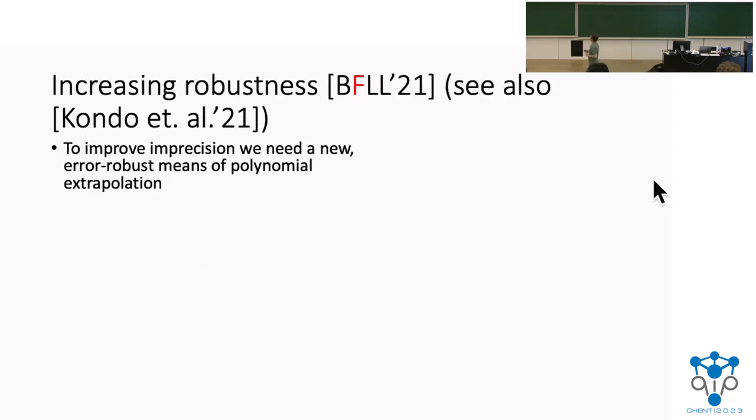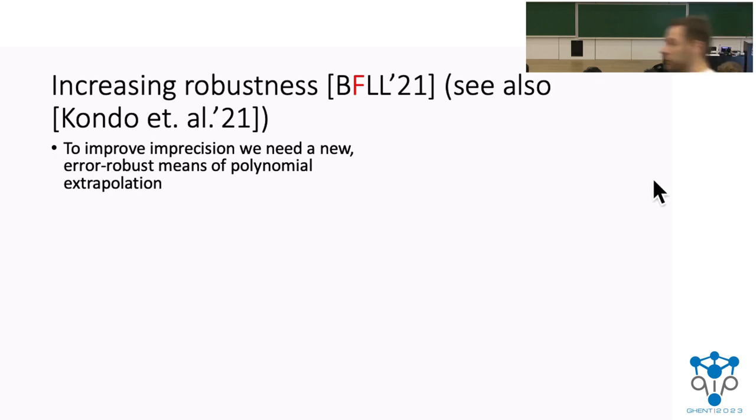Okay, so now, here's what we're going to do. To improve the imprecision of these results, to allow larger and larger delta, we need a new, more error-robust means for polynomial extrapolation, okay? Because the whole culprit, the reason that the past argument was so sensitive to errors, was because we were using Lagrange extrapolation, which required all of the points to be correct, okay?